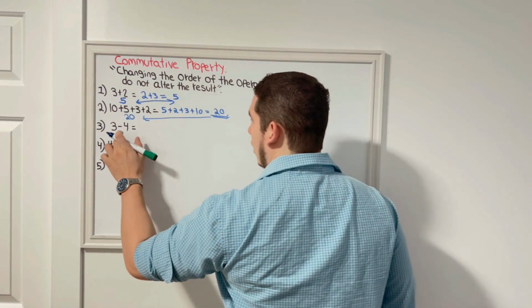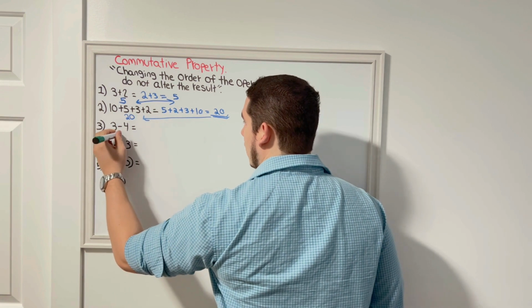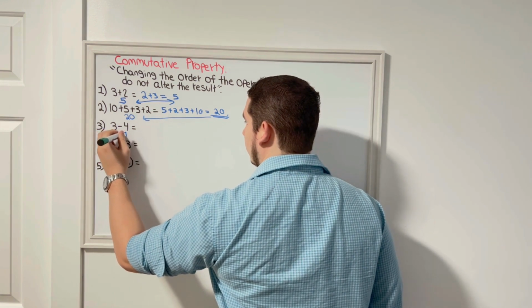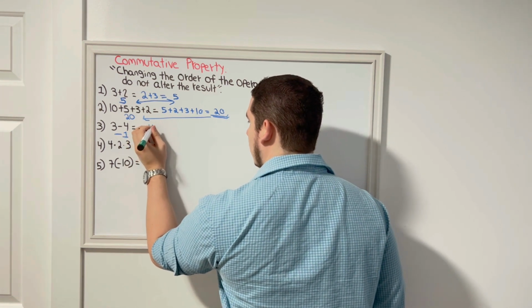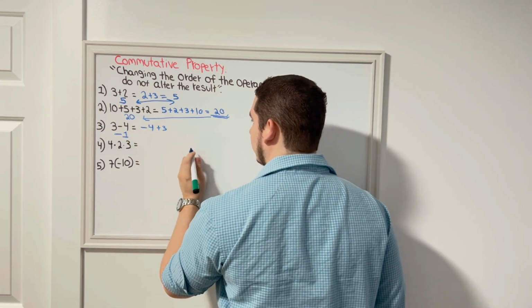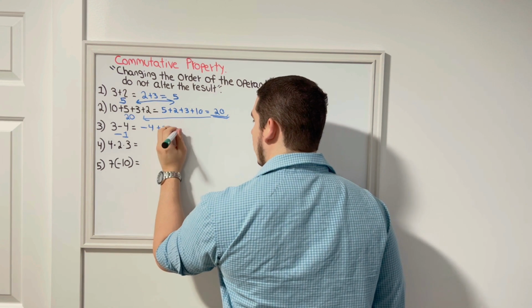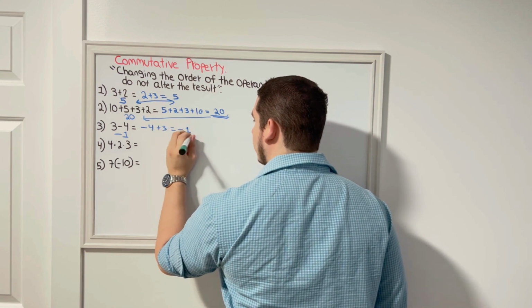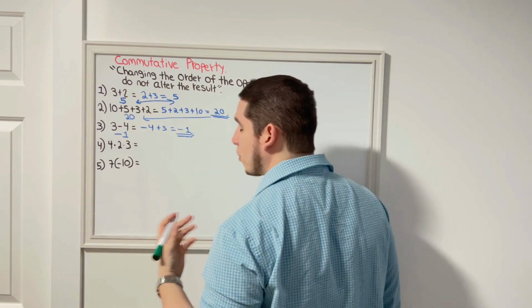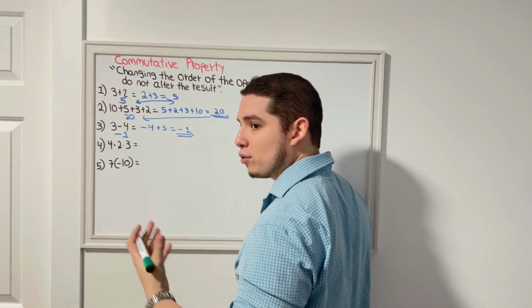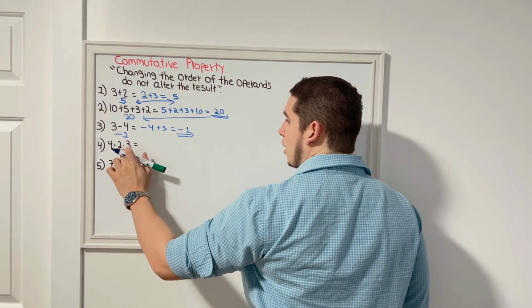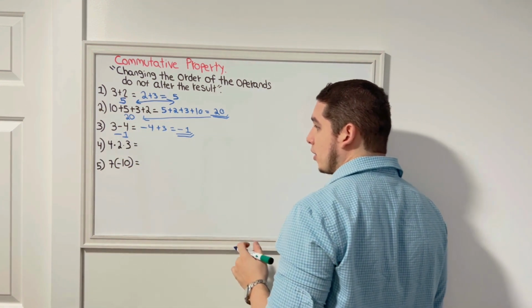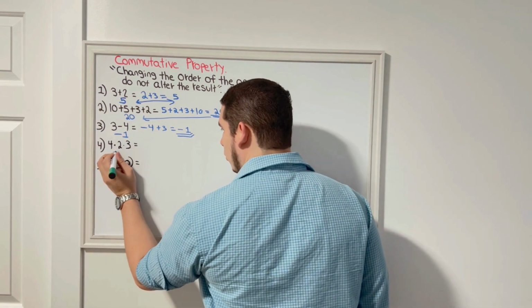Now, 3 minus 4, we know that the answer is minus 1, but we could also say that minus 4 plus 3 is minus 1, which is true. Therefore, the commutative property was applied as it's supposed to be. Now, 4 times 2 times 3 equals 24.